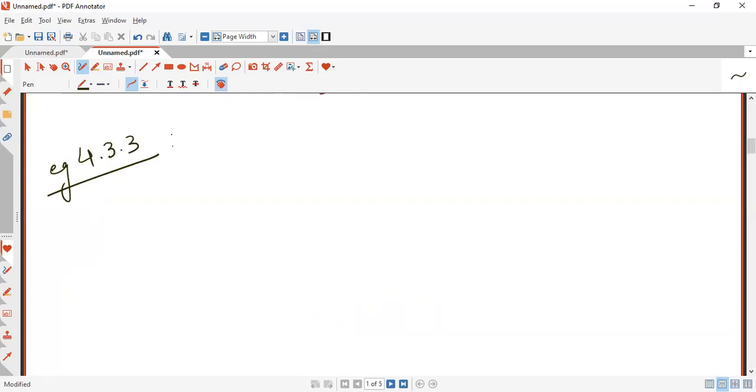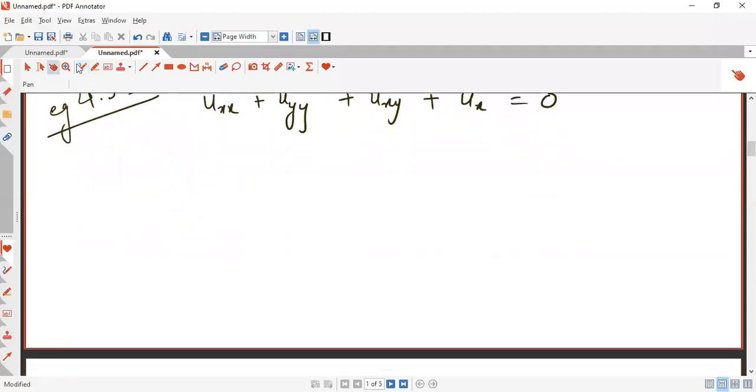All right. So the differential equation for this example is uxx plus uyy plus uxy plus ux equals to 0. First step will be to find out s square minus 4rt. What would you get? Here is s square minus 4rt. Check uxy here. 1 is the coefficient.